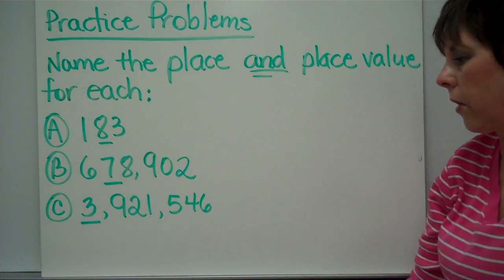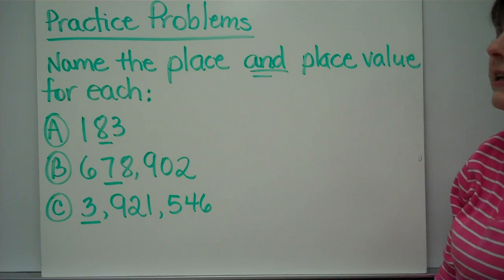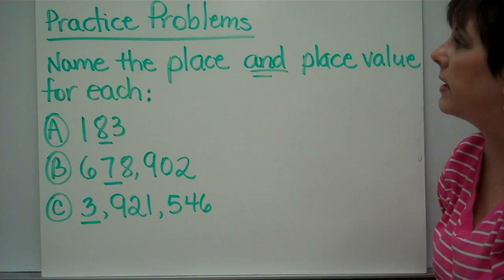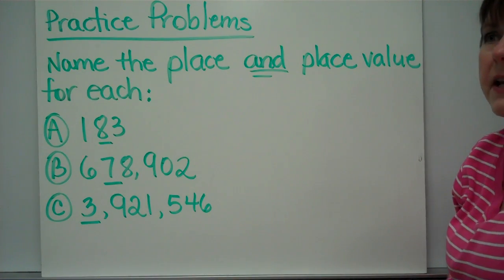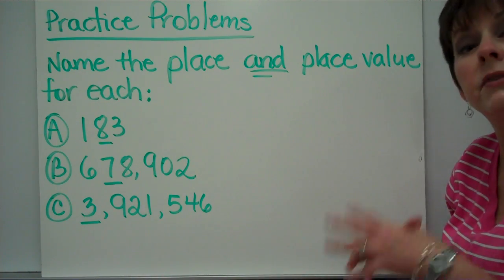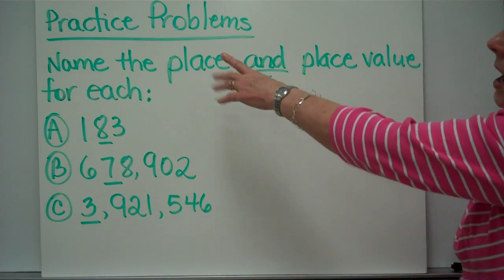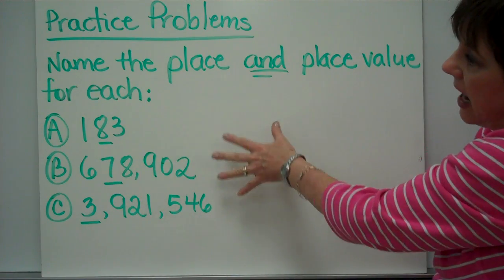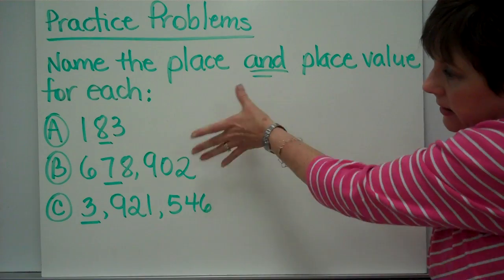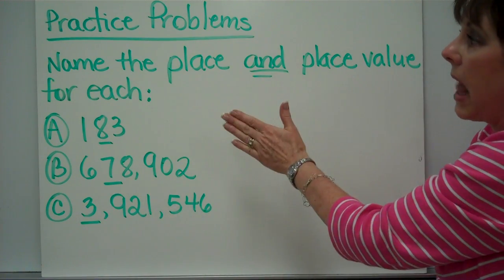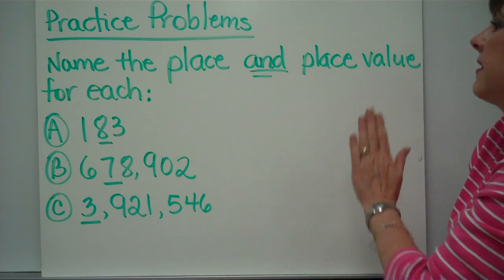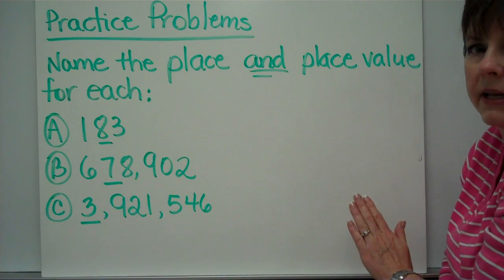All right, on your homework guide for tonight, you will see section number 3, and this is called practice problems. In every video, we have a few practice problems that you can work out at home. So what you'll be seeing tonight are these 3 numbers. Here's what I'd like for you to do. Name the place and the place value for each.